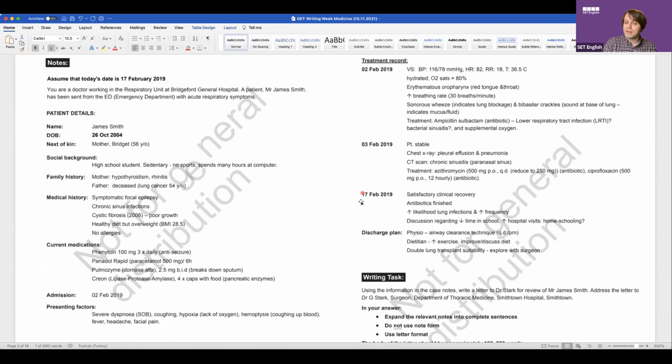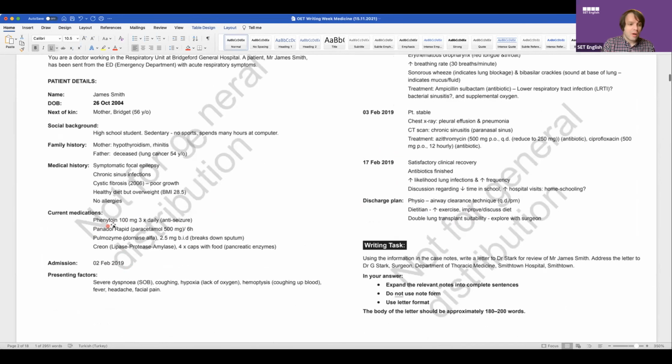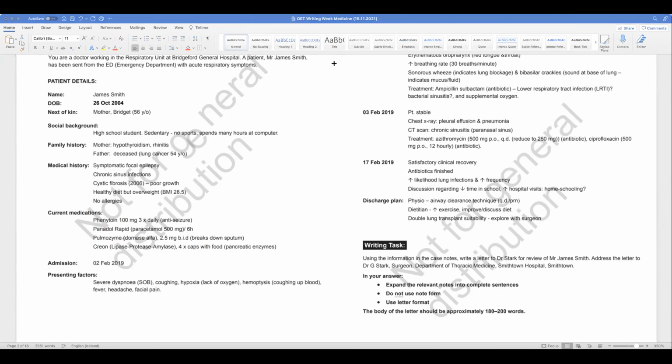Below the medical history, current medications. Oh, right. Okay. So are these different ones? We didn't really talk about these, did we? Interesting. Because he has a chronic disease, he already had that medication before, and I suppose they're still going on.